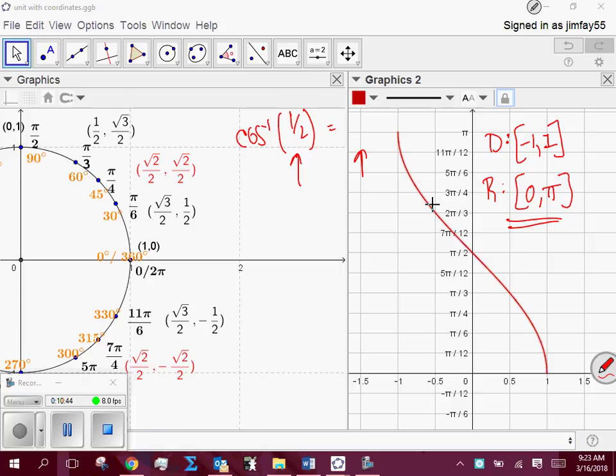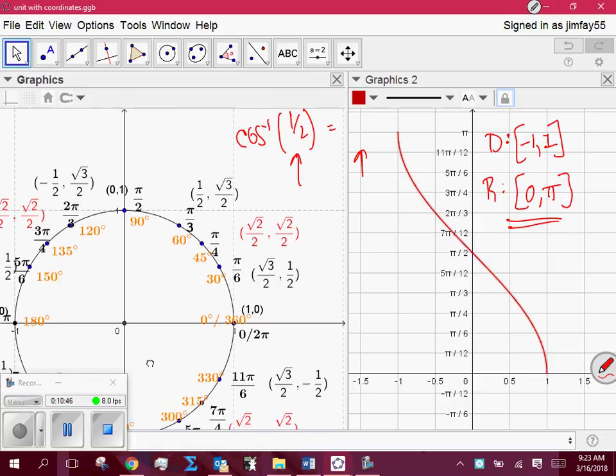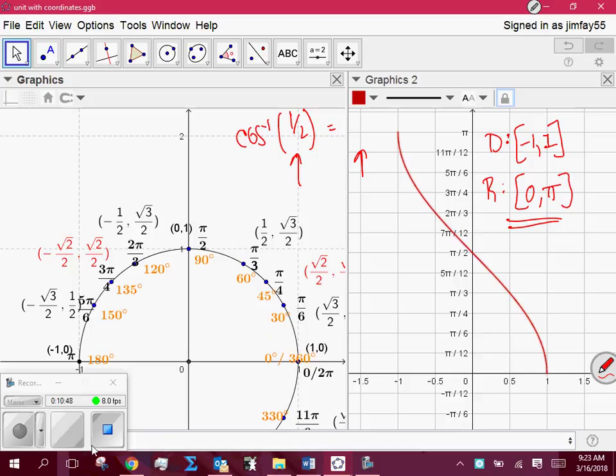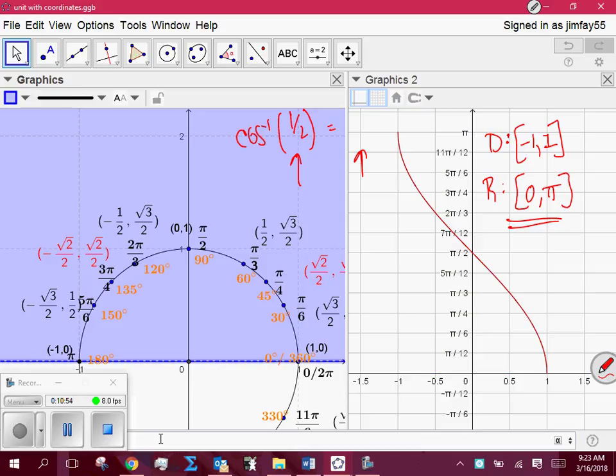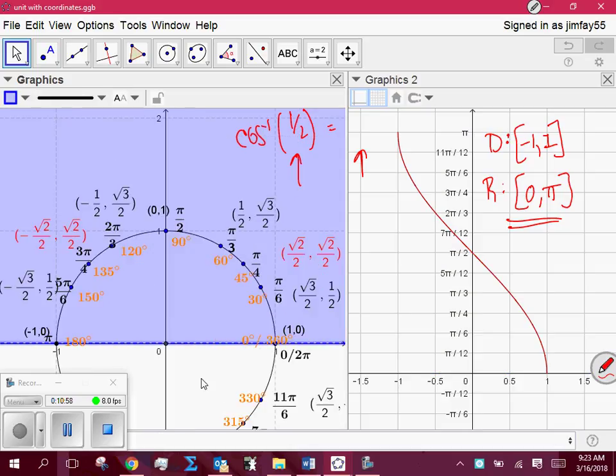So if I'm drawing the correlation to the unit circle, now I can only look at, let me just do this, that blue portion of the unit circle, right? Because those are the radian values of 0 to pi. All right? So when you say cosine inverse of 1/2, find 1/2, go up my curve, and what's that angle it spits back?